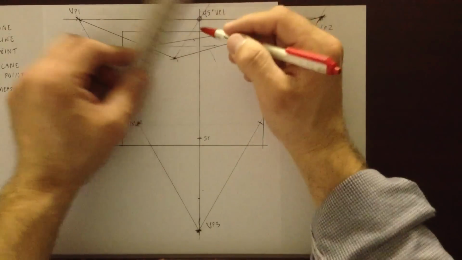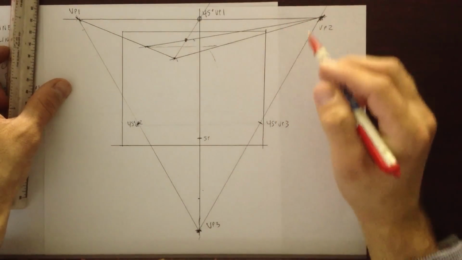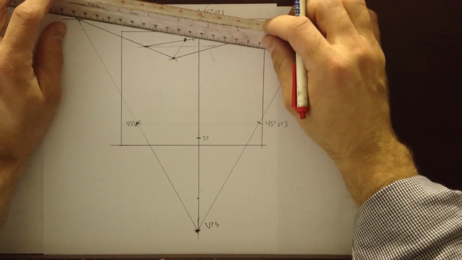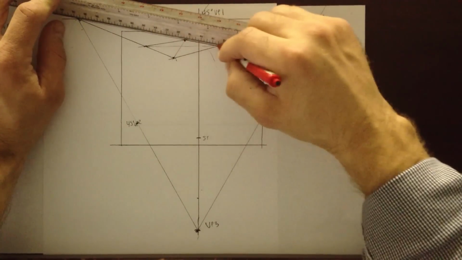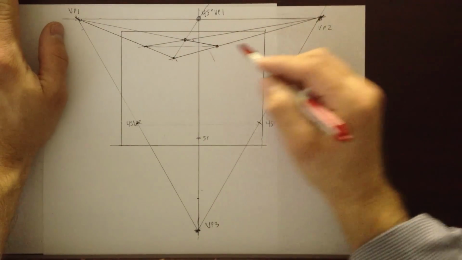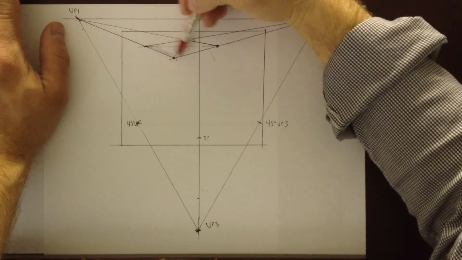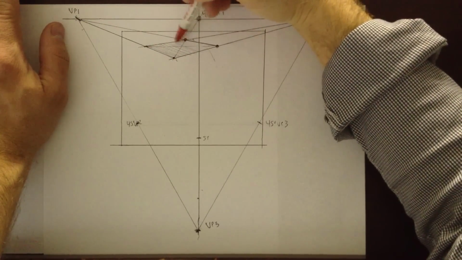So that would be like that. That will intersect back here, and you'll run a line from VP1 through that point. And you'll see that will end again right here on a horizontal line. So this is your top plane.